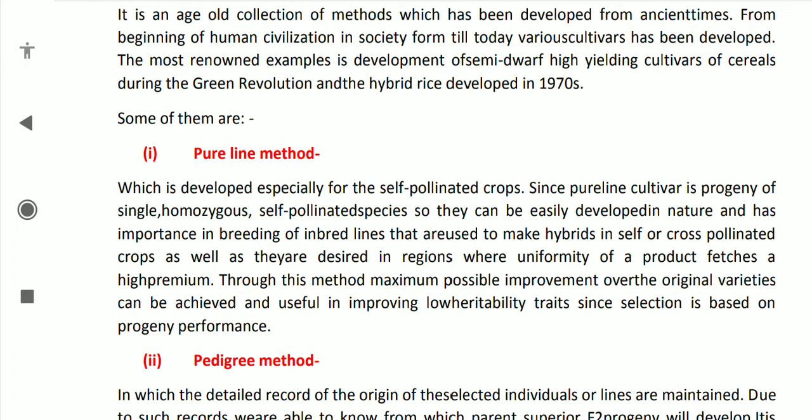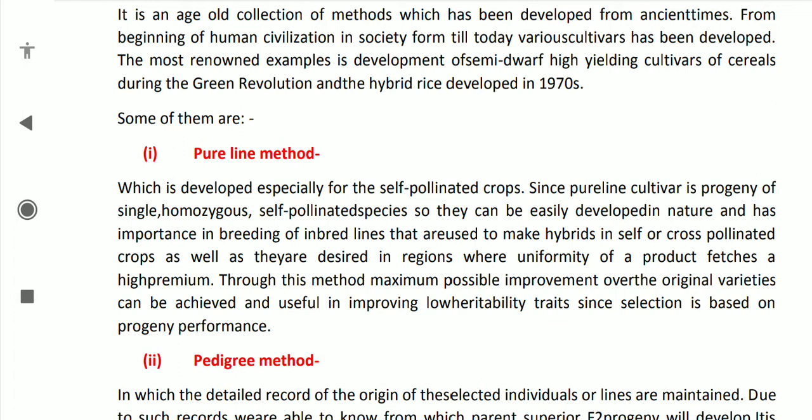Through this method maximum possible improvement over the original varieties can be achieved and it is useful in improving low heritability traits since selection is based on progeny performance.